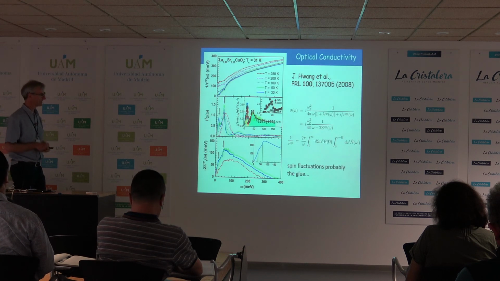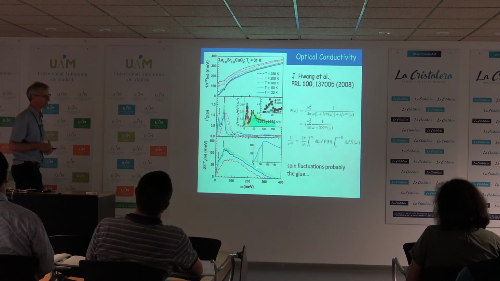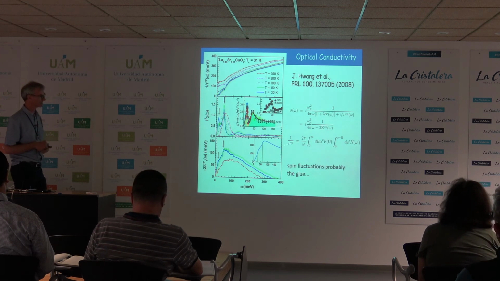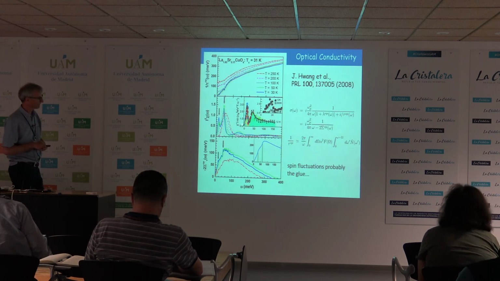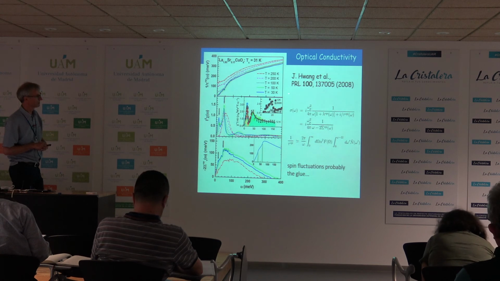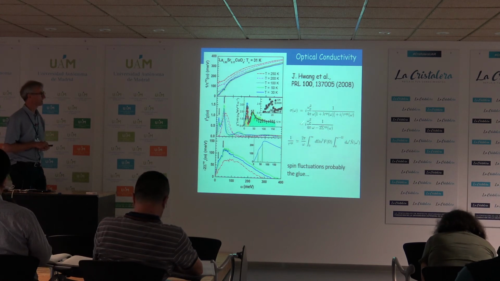So you can do a similar thing, or many people have attempted similar things, but this is one I want to mention from the Canadian group, and Tom Timusk's group.